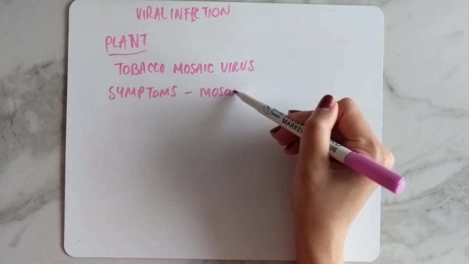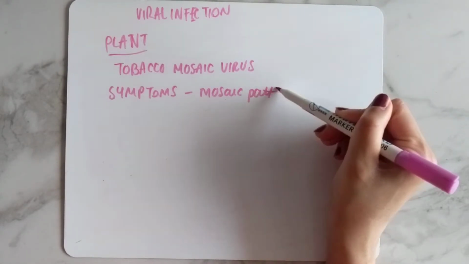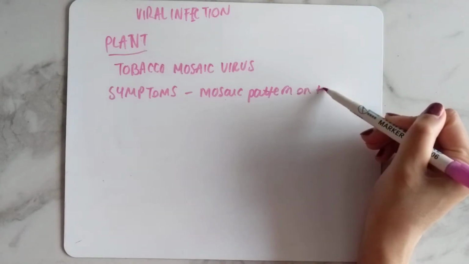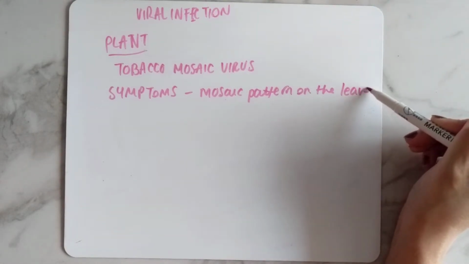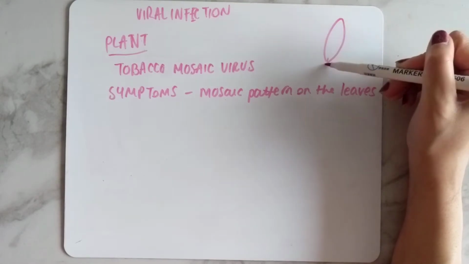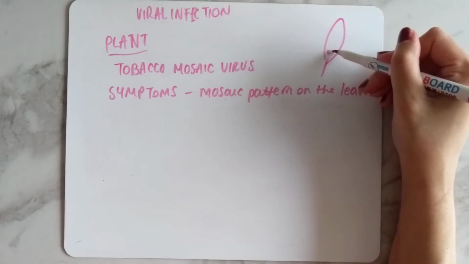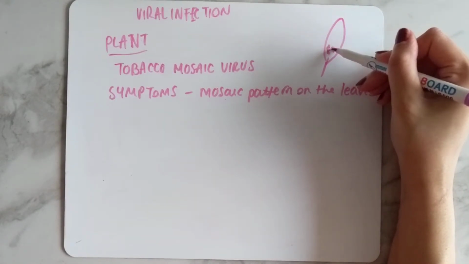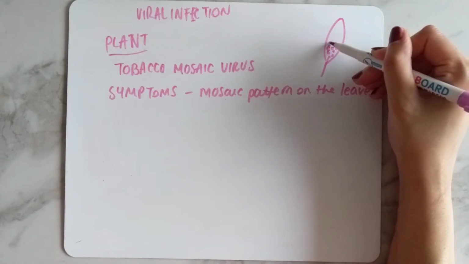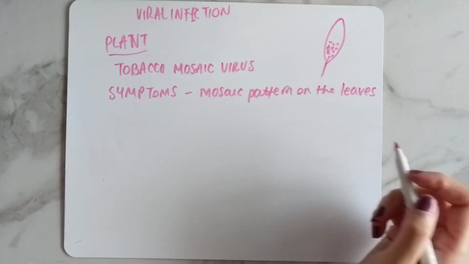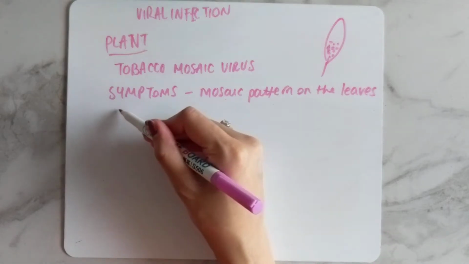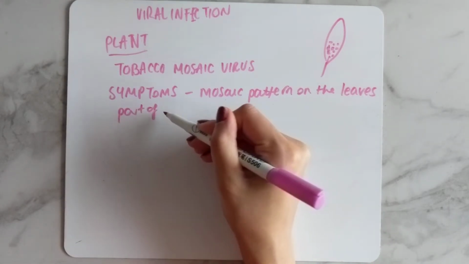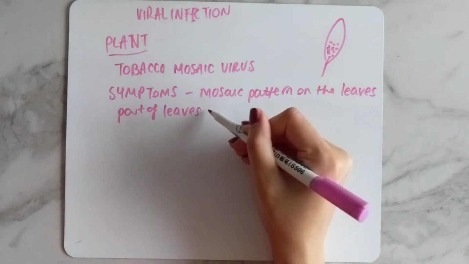a mosaic pattern on the leaves. So if you're not sure what a mosaic pattern is, so there's a leaf. Mosaic pattern is like just patches really, like that on the leaf, and part of the leaves become discoloured.